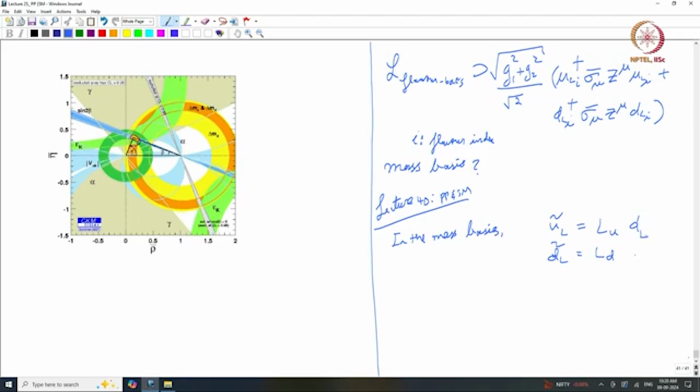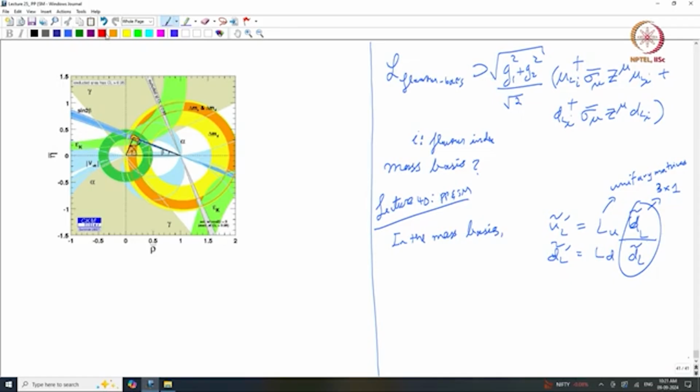Maybe I am not using a consistent notation. Let me call this one with a prime. These were 3×1 in flavor space, and then we hit them with unitary matrices, again acting on flavor space, in order to rotate the quark fields into the mass basis, correct.